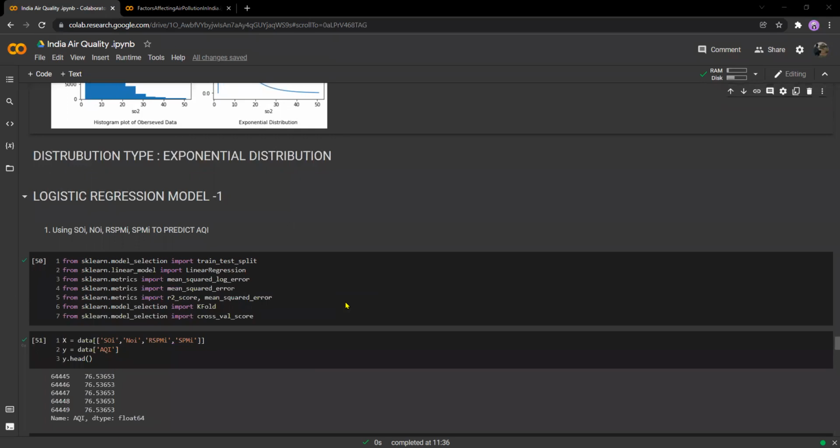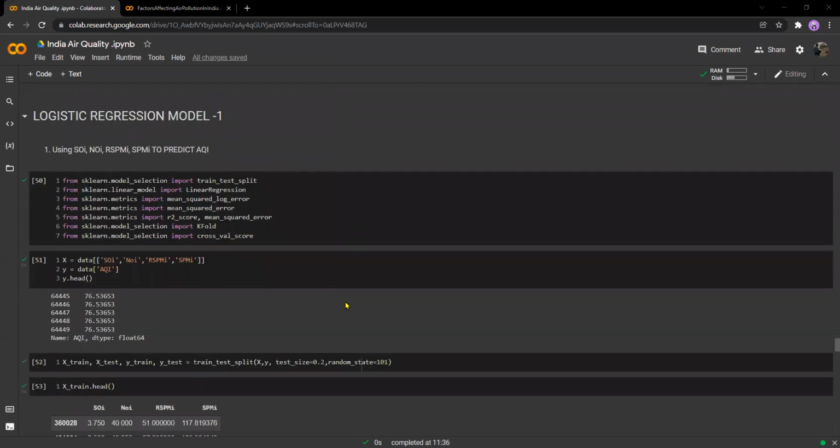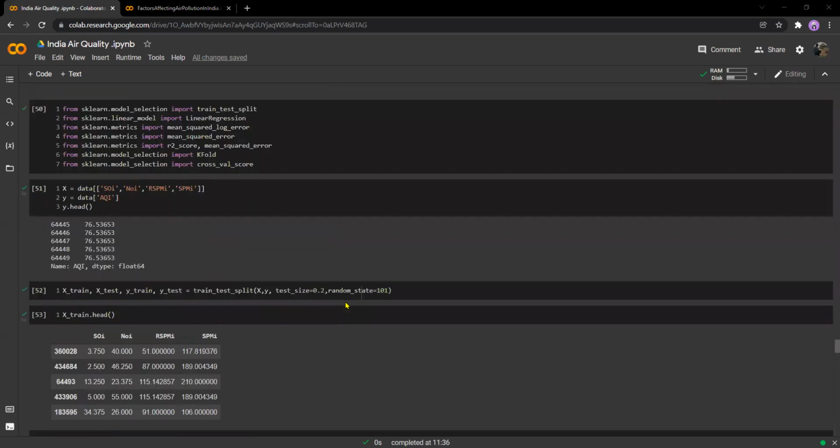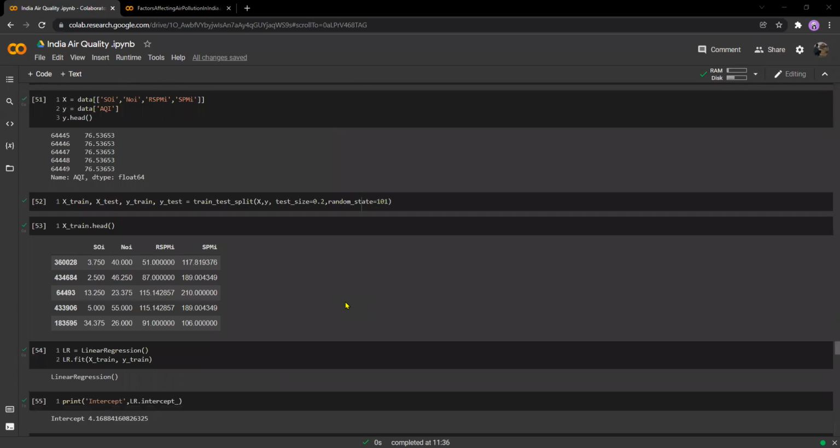So moving further, we tried logistic regression, where we have plotted x versus y graphs. X contains SO2, NO2, SOI, all these indexes which we have calculated before, and Y contains the air quality index, from which we can analyze which factor affects us more when compared to the others. Later we imported the linear regression model.